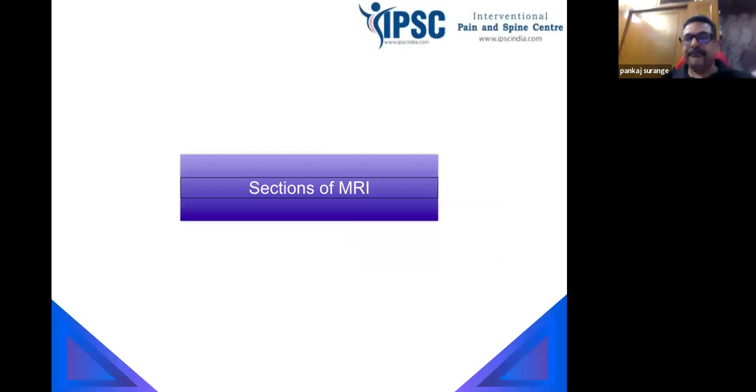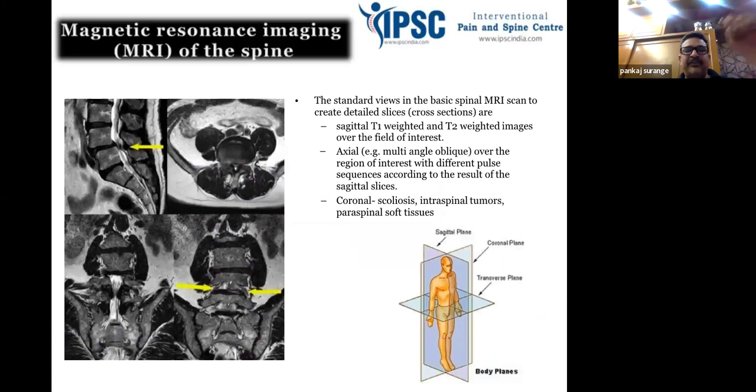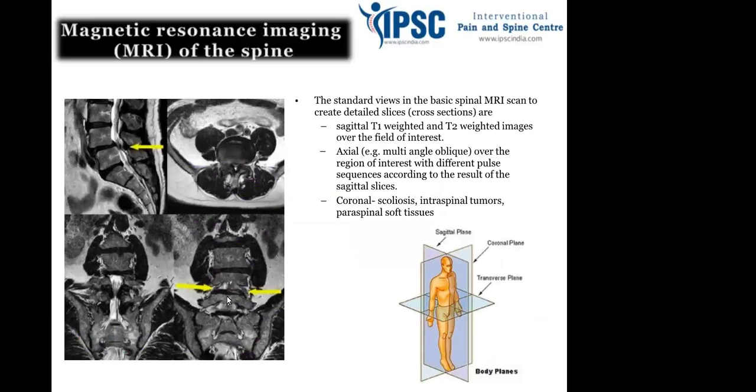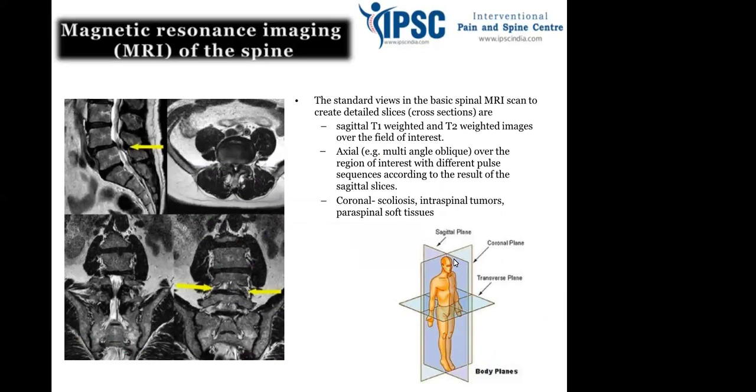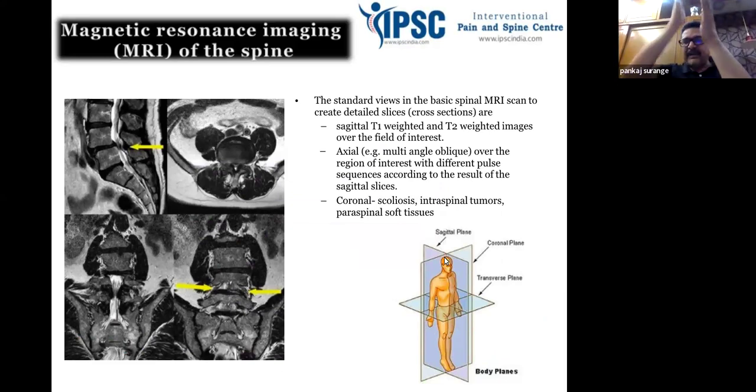Understood? Now we'll come to the sections of the MRI. What sections are there? We have sagittal sections, axial sections, and coronal sections. Sagittal, like the sagittal suture here, means cutting the body into halves like this. Axial sections are transverse sections; we are cutting the spine in the horizontal direction.